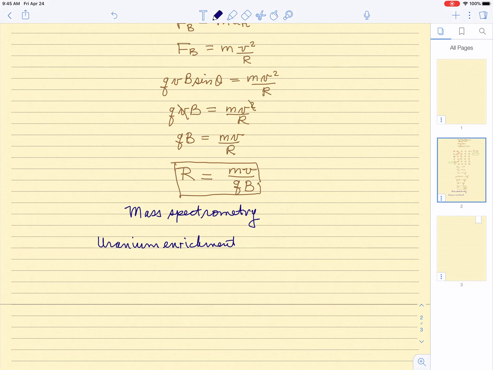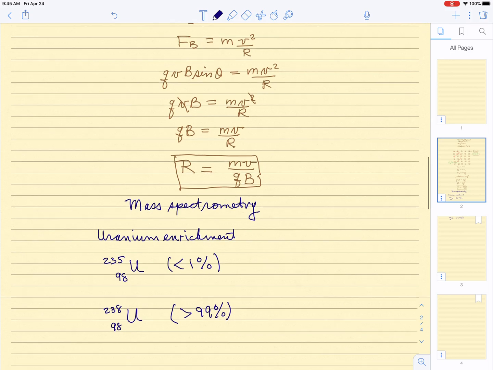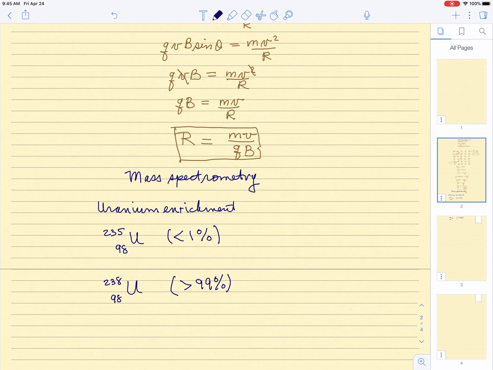mine uranium. Uranium ore in the earth is comprised of two isotopes. So uranium 235 and uranium 238. And the ore is made up of less than 1% of the uranium 235, and obviously greater than 99% of the uranium is in the isotope of uranium 238, right?